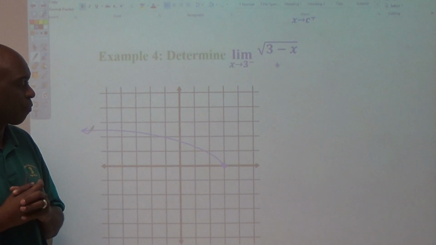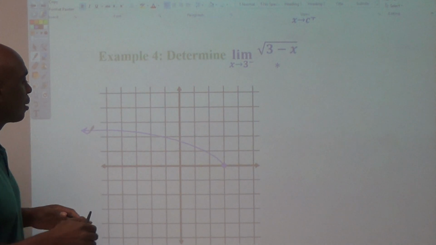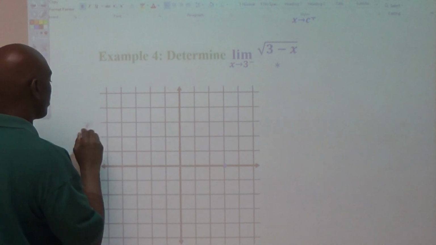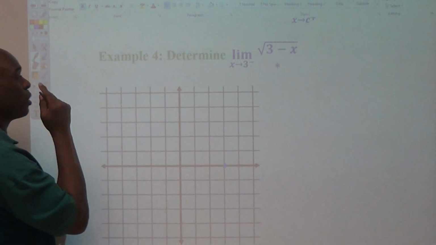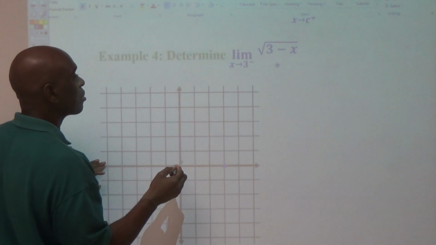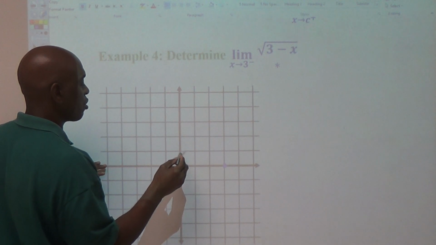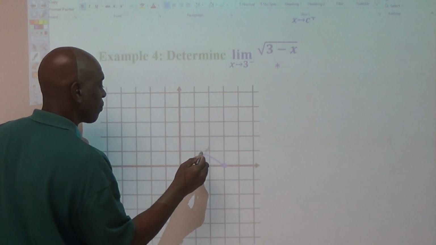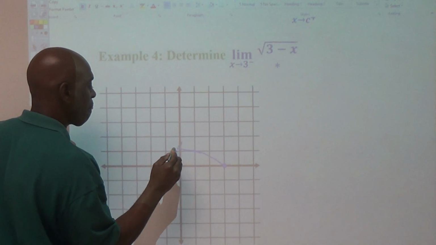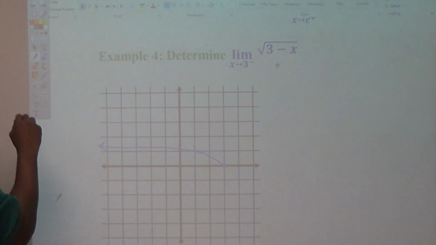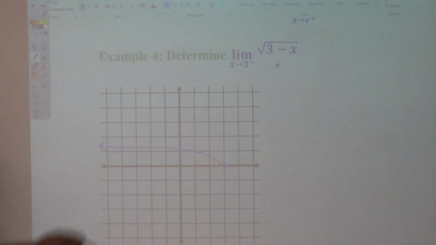In fact, let me draw the scale a little bit better than that, because we know that when x is 0, y is the square root of 3. So it's a little bit more than 1. Let's put it about right there somewhere. Scale it just a little differently. There we go. So that's the graph.